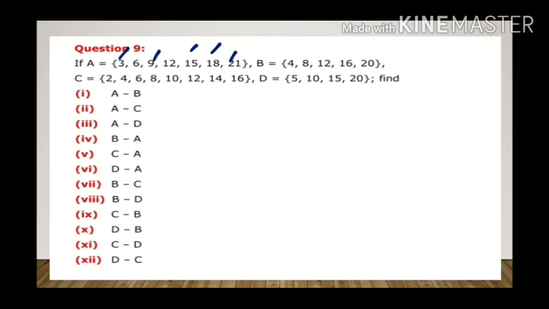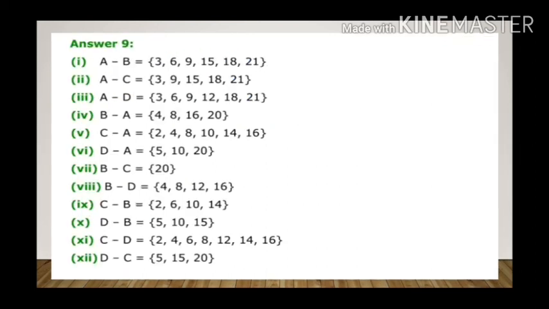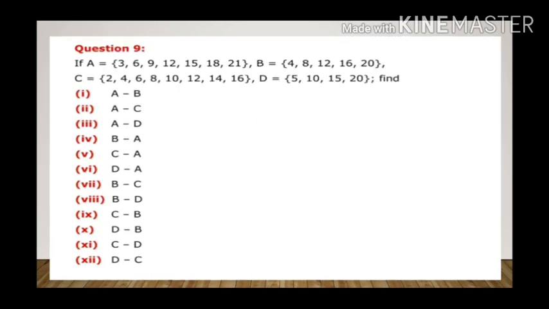These 5 numbers belong to A but do not belong to C. So A minus C will be 3, 9, 15, 18, 21. In this way you have to solve A minus B, A minus C. Look at here, all these things are given here. Clear? So in this way you have to solve these 12 parts.